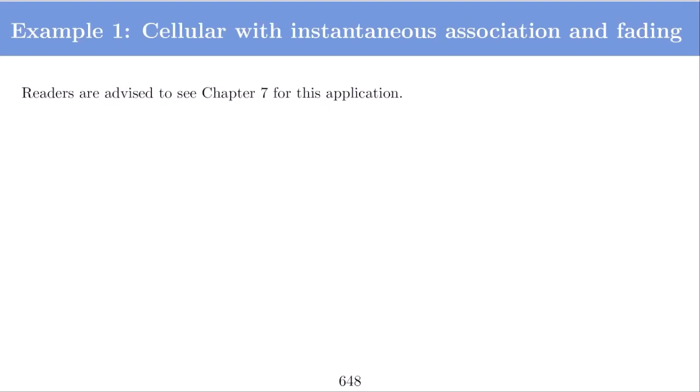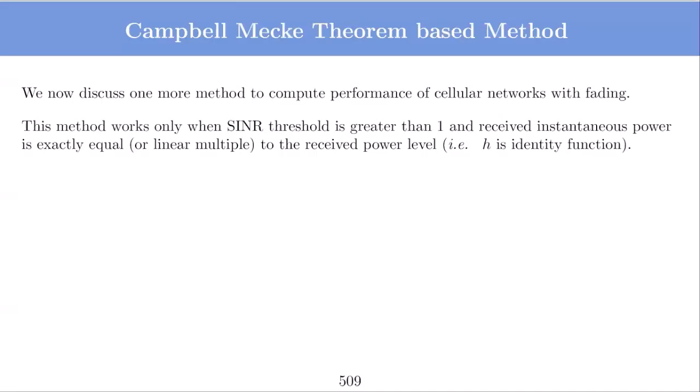So let's go back to this application and see how we can use the theorem for this problem. This method basically works only when the SINR threshold is greater than 1, and in particular when the instantaneous power is exactly equal or a linear multiple of the received power level.